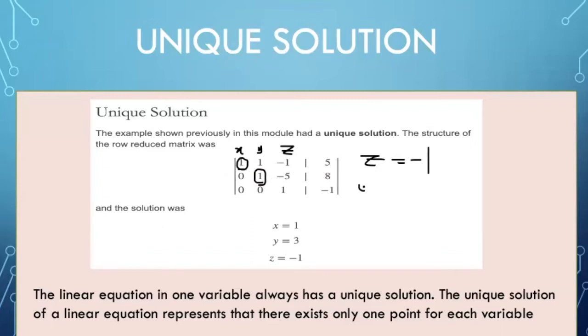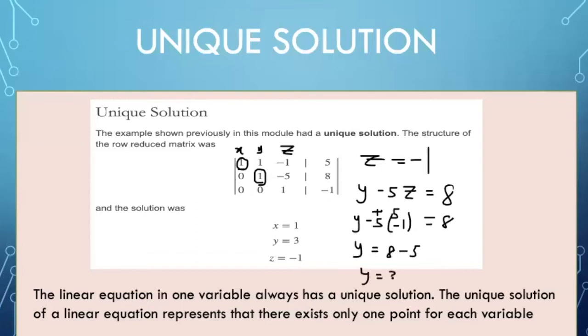So I'm going to have y, which is the same as 1y, minus 5z equal 8. We know z is -1, so we have minus 5 times -1 equal 8. This becomes positive 5. So carrying it over, y is equal to 8 minus 5. So y is equal to 3.